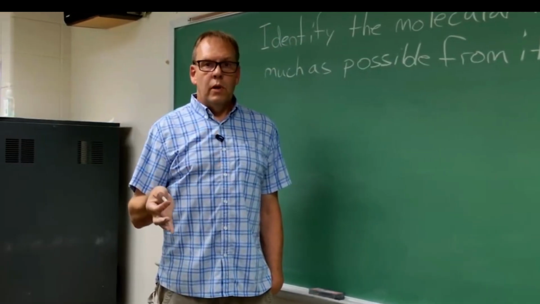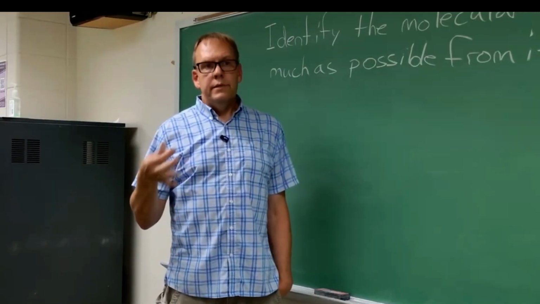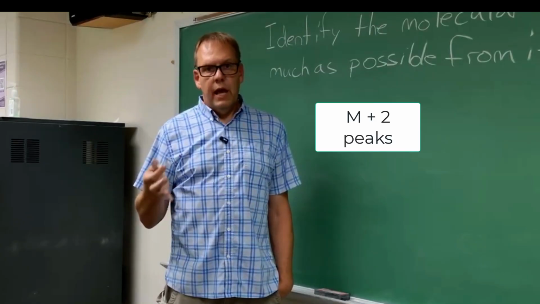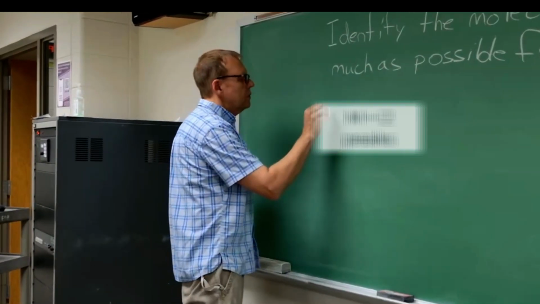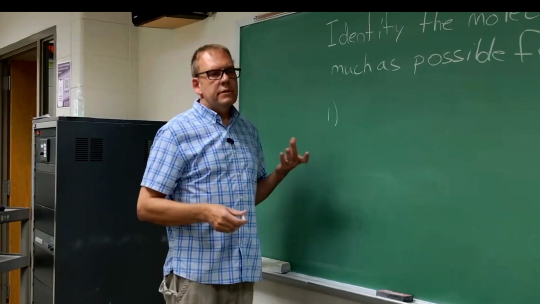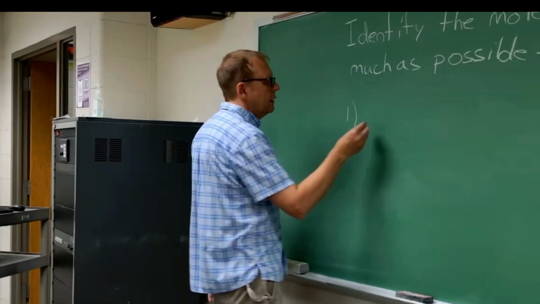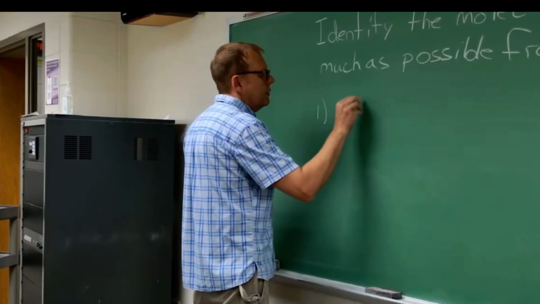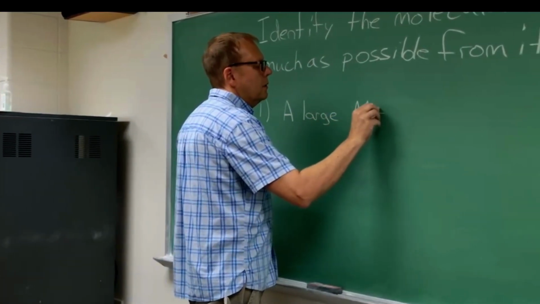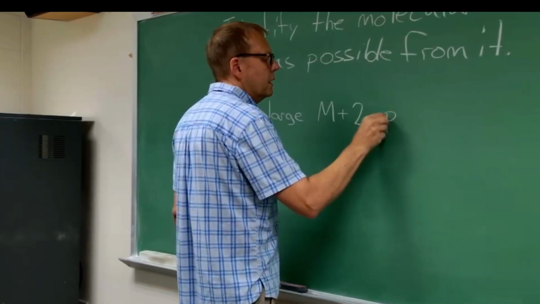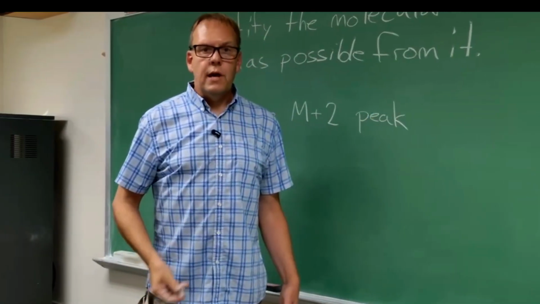We talked about the molecular ion and the M+1 peak. Sometimes there are other isotopes that can generate significant M+2 peaks. So one of the things you want to look for is whether there is a substantial peak that's 2 mass units bigger than the molecular ion. That's a large M+2 peak, a peak that's 2 mass units higher than the molecular ion.